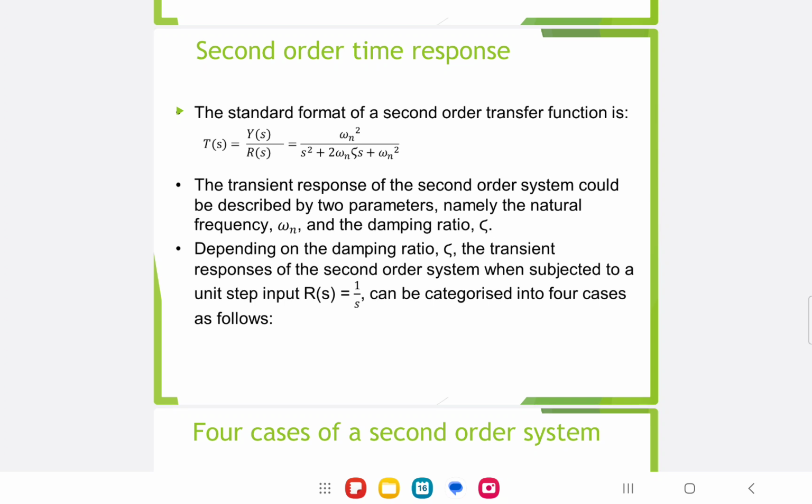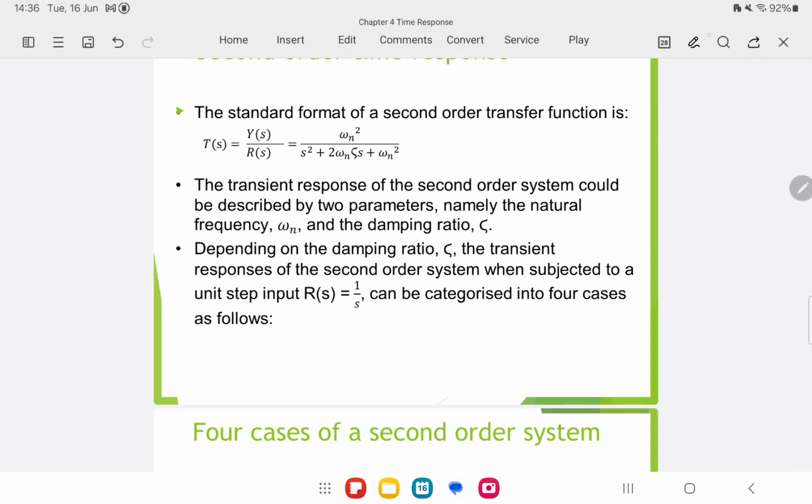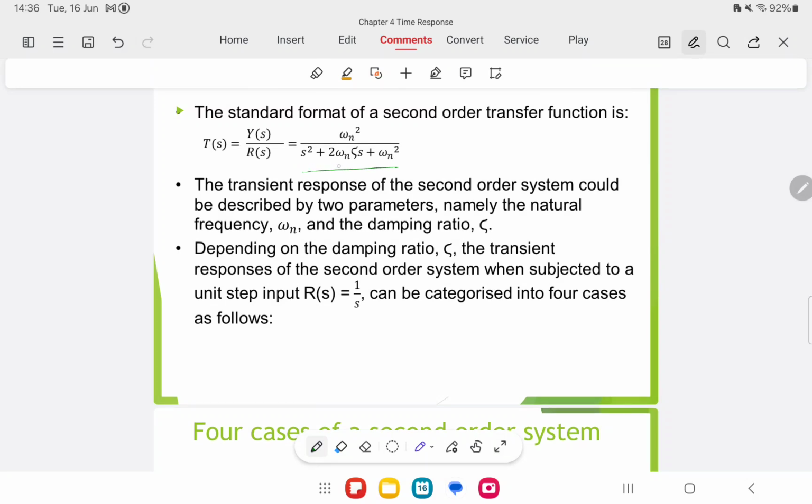So now we go to the important part. If you ask me for chapter 4, this is the most important one, and in the exam this will definitely be asked. So for this equation, this is the standard format for a second order transfer function. In here, what have you not seen before?